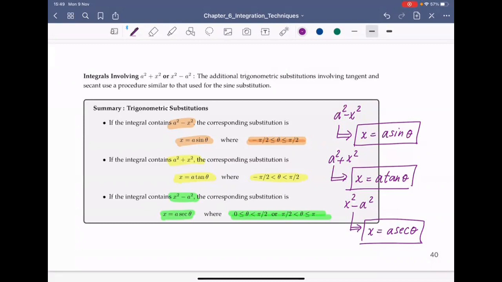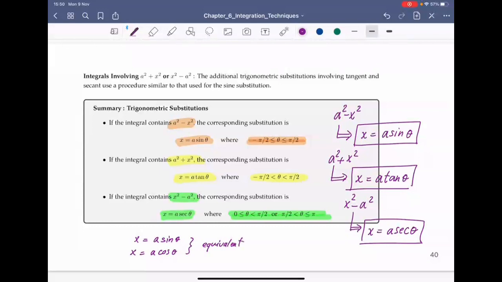The method where you pick sine and cosine, they are equivalent, so you can just memorize only one. That is why, if you pick x equal to a times sine theta or x equal to a times cosine theta, these 2 methods are equivalent. So basically, you're going to get the same answer.